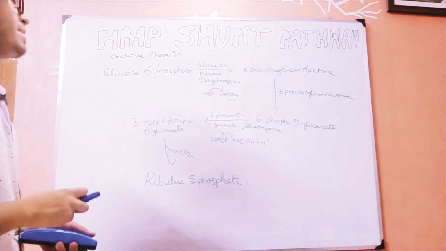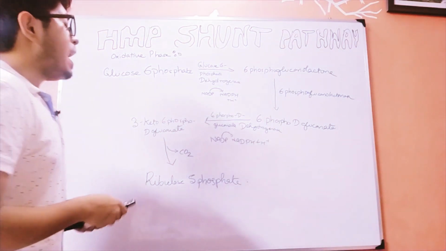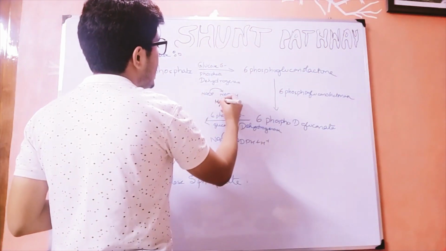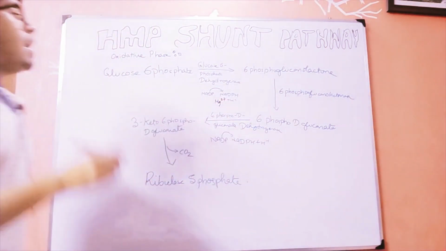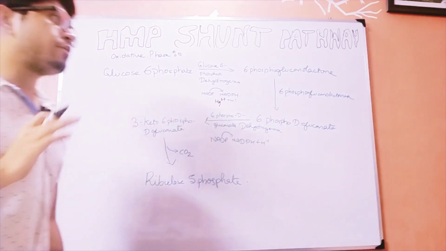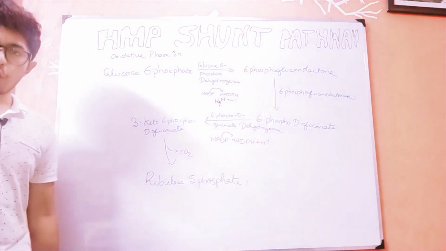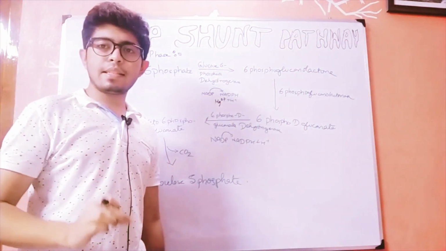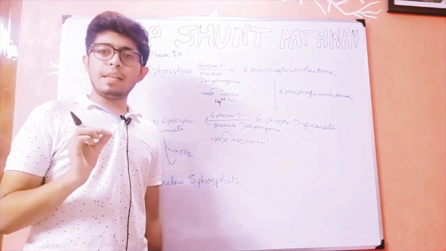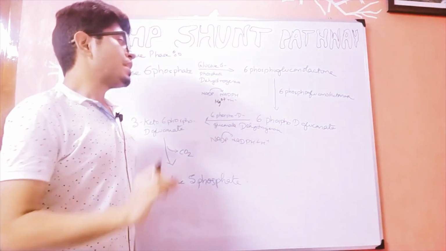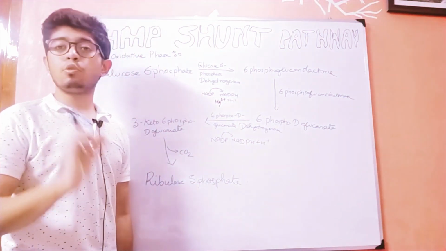Here we must keep another thing in mind, that we use a molecule of Mg2+, and then we get 6-phosphogluconolactone. This 6-phosphogluconolactone is next acted upon by 6-phosphogluconolactonase to form 6-phospho-D-gluconate.